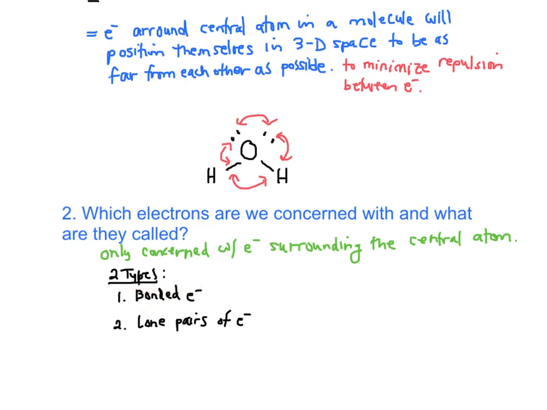So up in our water molecule up here, these are the electrons that are being shared between the oxygen, our central atom, and the outer atoms. So there are 2 pairs of bonded electrons. And then there's the lone pairs of electrons. So these are lone pairs. They are unshared. And together, if you add up the bonded electrons, or the bonds, and then the lone pairs of electrons, these are called electron domains.